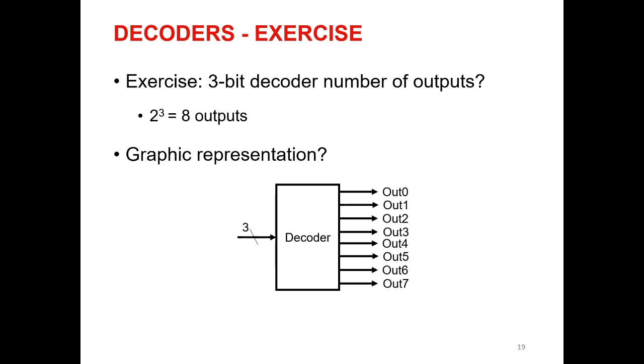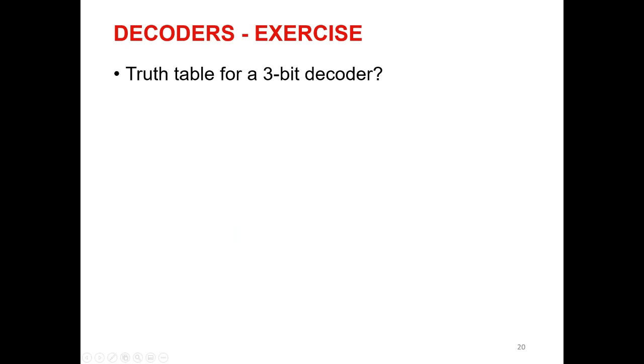That means that the input will be 3 bits, 0, 0, 0, and only one of those 8 outputs will be activated. If the input is 0, 0, 0, output 0 will be 1 and the rest will be 0. If the input is 0, 0, 1, only output 1 will be 1 and the rest will be 0, and so on. And this is what we have represented in this truth table here.